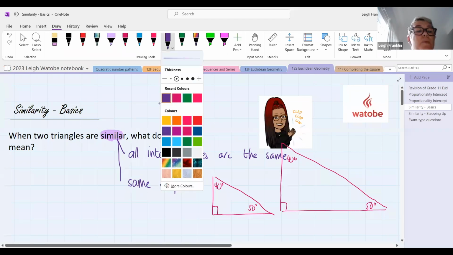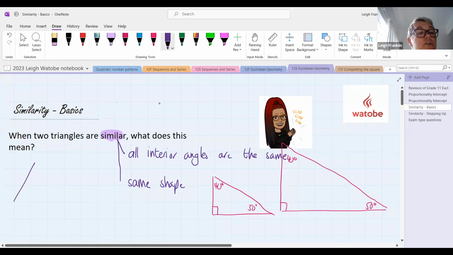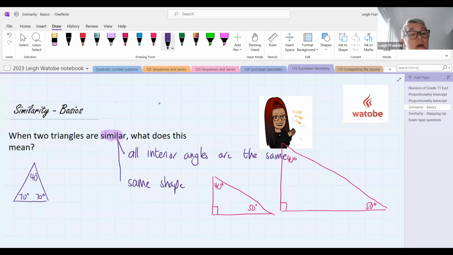Again, I could be working in triangles that are shaped like this, for example. Let's say that one over there is 70 and that one over there is 70. That means that this one over here would have to be 40 degrees. Then I've got another bigger triangle, and that one could be 70, that one could be 70, and that one could be 40.